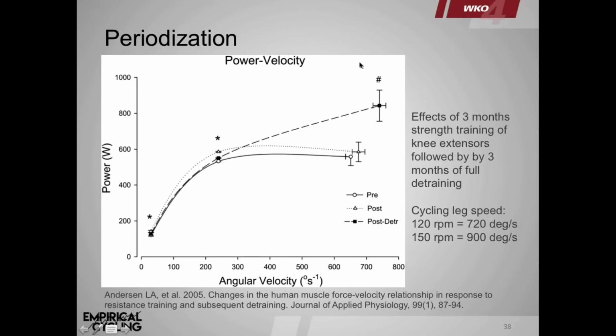And so this is one of the reasons that I caution people who need to sprint with high leg velocity to not fall in love with the gym, because 120 RPM is 720 degrees per second.